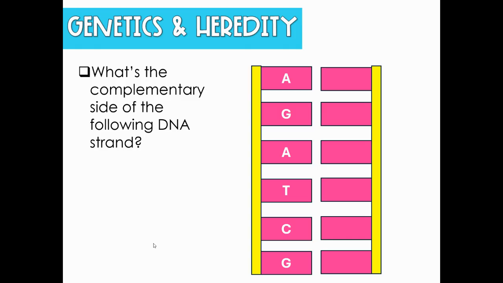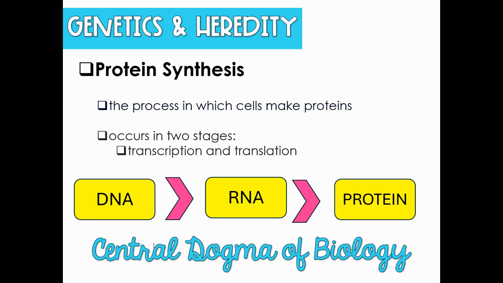So A pairs with T, and then C pairs with G. G pairs with C. A pairs with T. Since we have thymine on the left, we're going to have adenine on the right. And since we have cytosine on the left, we'll have guanine on the right. And then guanine on the left, which means cytosine will be on the right. So just make sure that you know you're going to use DNA base pairing rules if I give you one strand of DNA and I ask for the complementary strand.